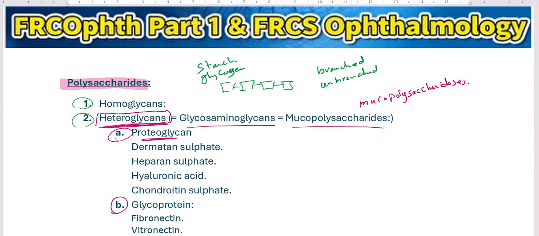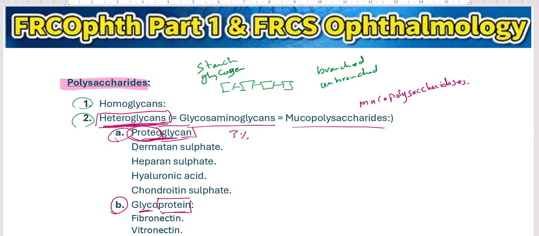Proteoglycans are mainly carbohydrates, the glycan suffix, but they are covalently bound to some protein component. The protein component is much less than the carbohydrate component. It reaches down to 3% of the molecule, while glycoprotein is mainly a protein which is attached to some carbohydrate. So the protein content of glycoproteins is much higher than the protein content in proteoglycans.